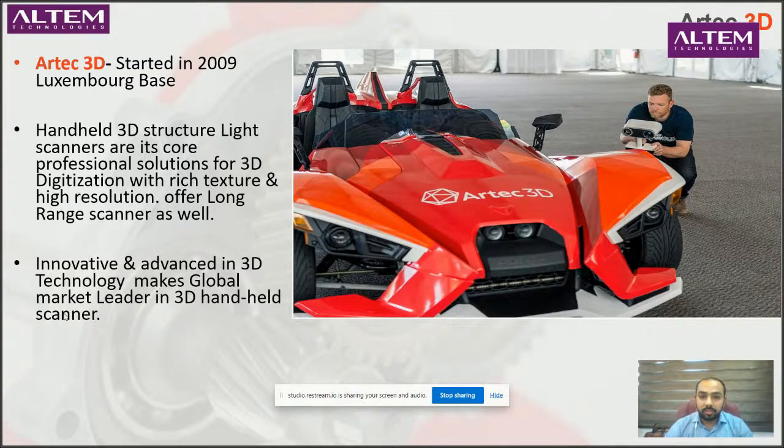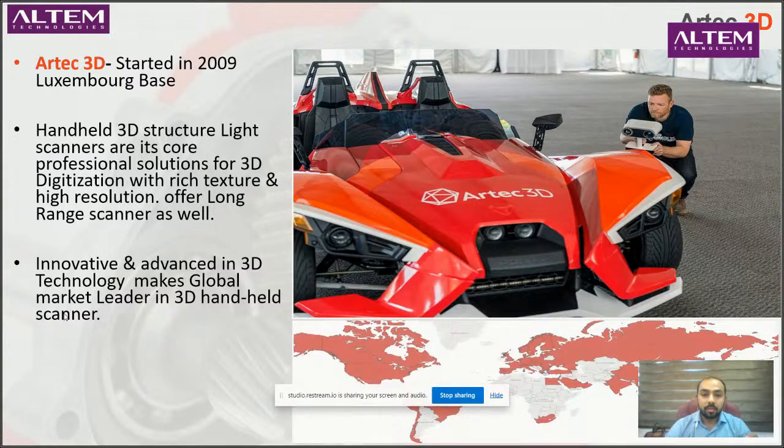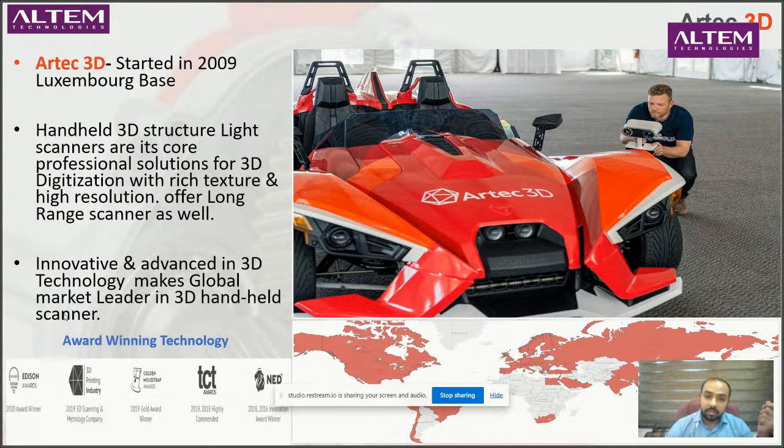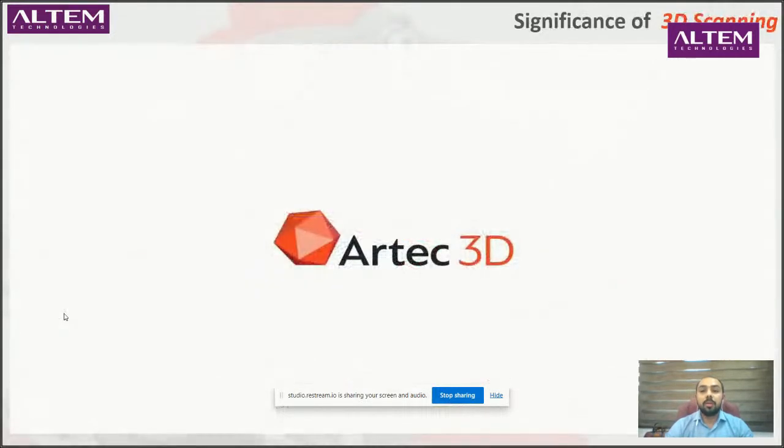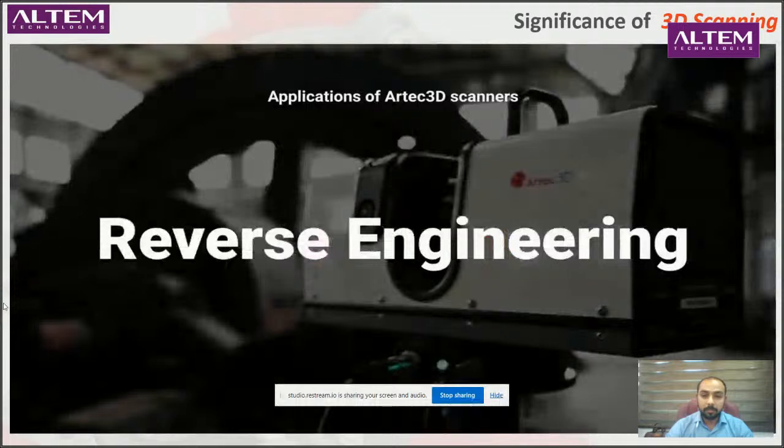Such innovation and advancement in 3D technology make it world famous, and it is also an award-winning technology. It was awarded in 2009 as best 3D scanning as well as metrology company. Now we will have a small video from which you can get a brief idea of what industries we are going to cover with our product.